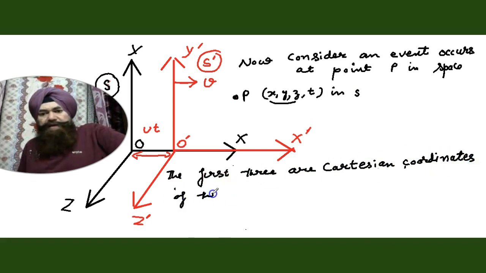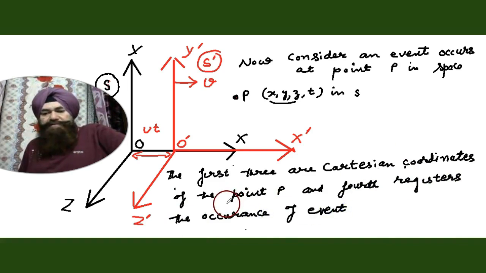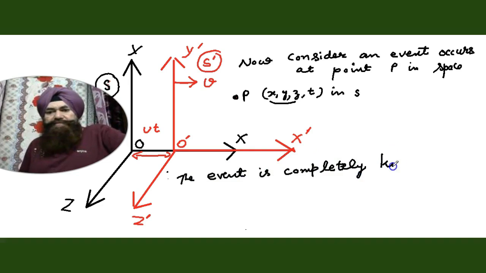The first three are the Cartesian coordinates of the point P, and the fourth one is the time. It registers the occurrence of the event, right?